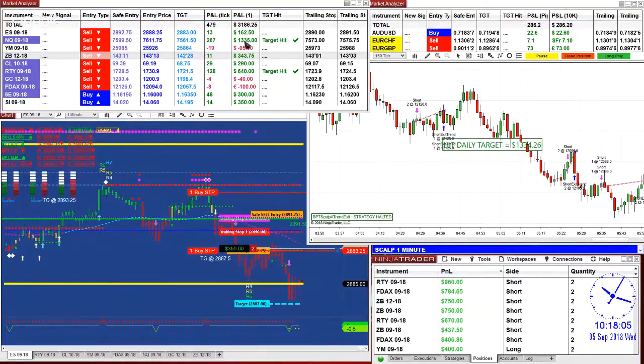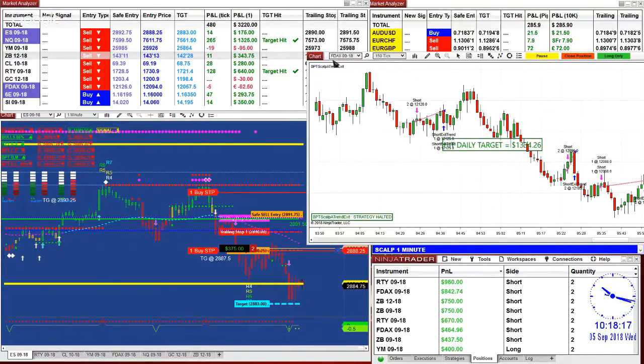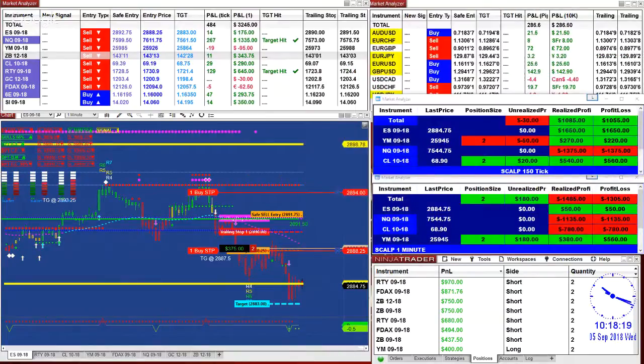And now you can see, based on one contract on the NASDAQ, it is $1,305. So this is why I like to use the ATM, because that is going to give me more freedom to decide if I want to stay on that trade, or if I need to leave, and I can always override and close the trade.